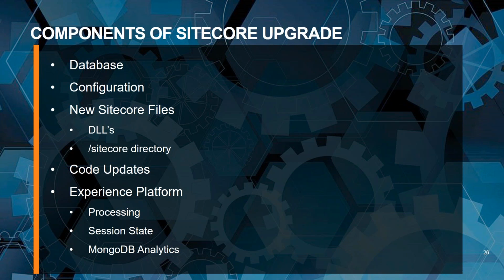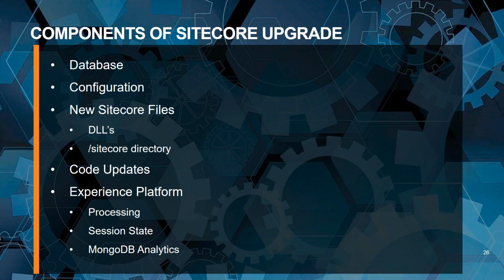Typically these are the components we touch during an upgrade: the database gets updated, the Sitecore configuration files need to get updated, and you need a better understanding of the new Sitecore files, which DLLs are getting updated, and what changes are happening in the Sitecore directory. That is one of the major requirements, so that as soon as you do the upgrade, the team can validate that the upgrade was done properly.